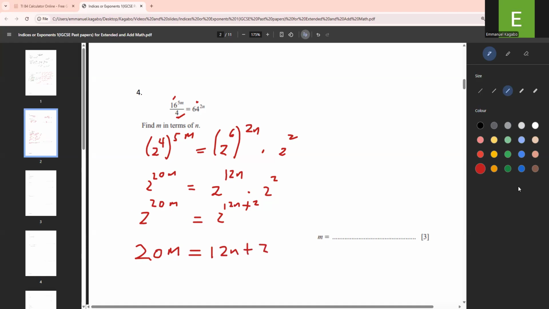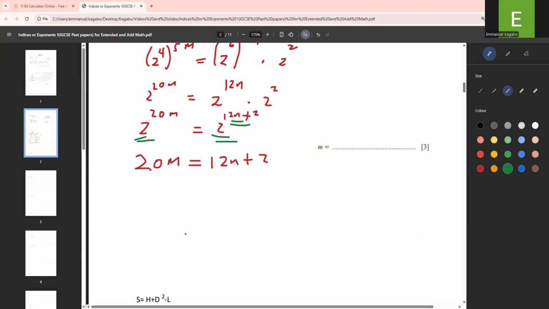If bases are equal, this is base 2 and this is base 2, so definitely 20m, which is the power, should be the same as this power. So if the bases are equal, powers are going to be equal. Now, collect like terms here, I'll get 20m minus 12n equals 2, guys.